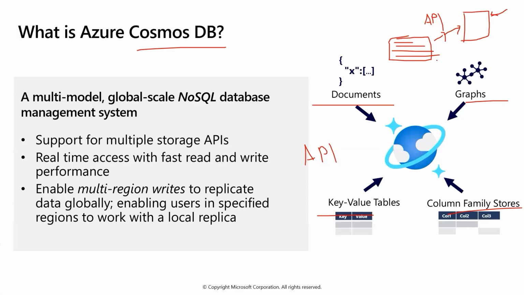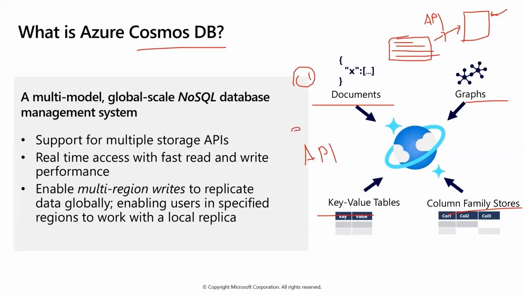So your interaction with that complex machine is simplified with the usage of the API. Why are we talking about API here? One major advantage of Cosmos DB is that it allows you to save data in multiple formats, which is why it is known as a multi-model database service.